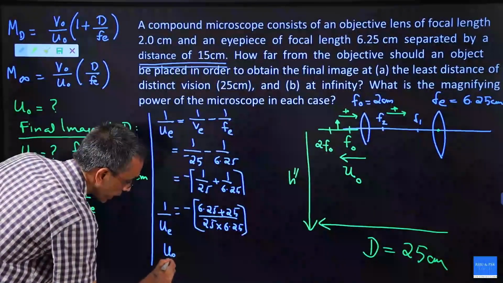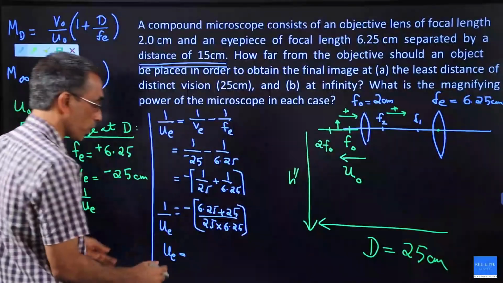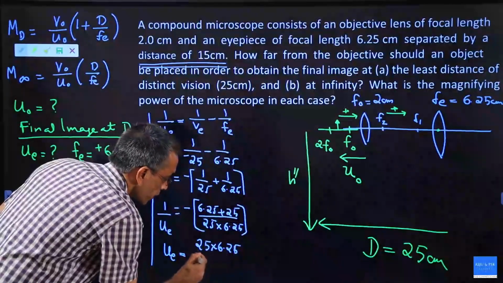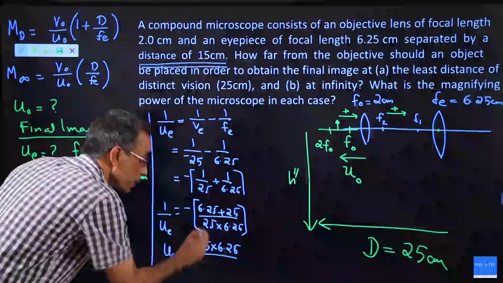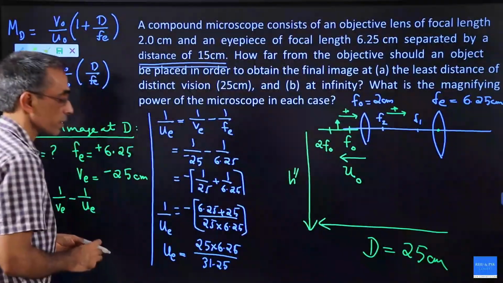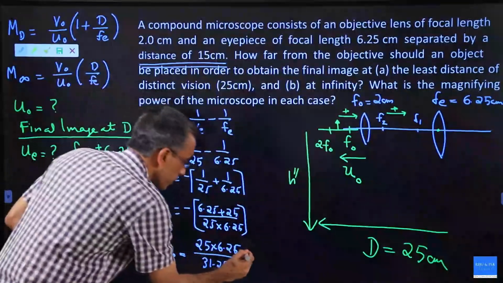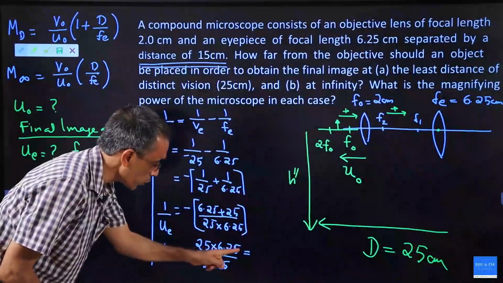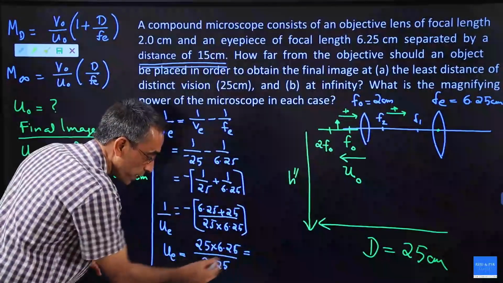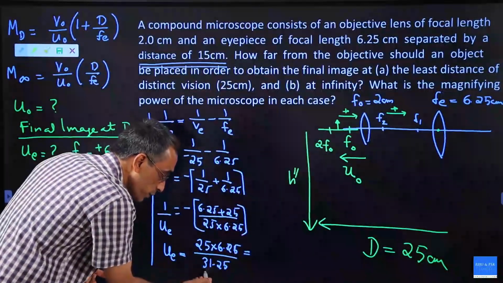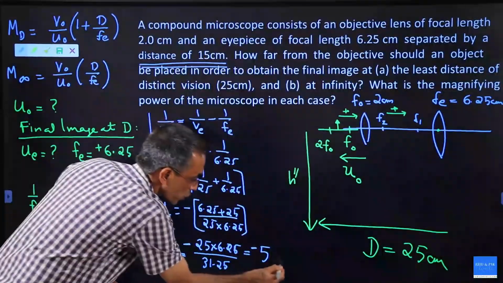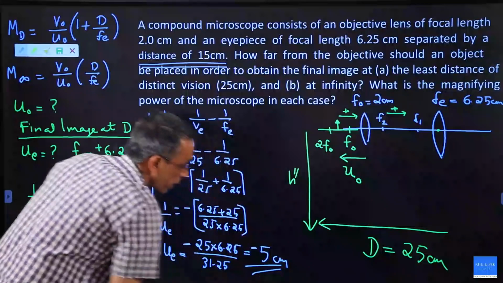From this you can calculate U of the eye lens as the reciprocal: 25 into 6.25 divided by 25 plus 6.25, that is 31.25. 6.25 will go into 31.25 five times, since 5 into 6.25 is 31.25. So this gives you 5, but there is a negative sign, so the final answer is minus 5 centimeter.